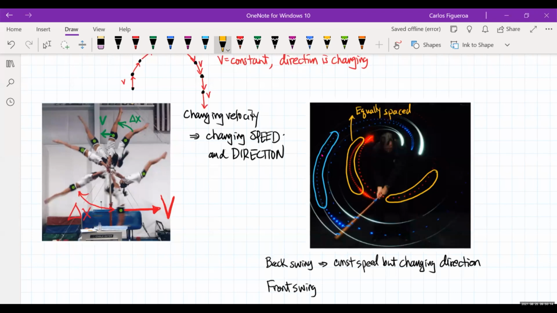Those dots look like they're equally spaced as well. Note that there's a period of time where the dots are really close together and then they're getting farther apart, because you're speeding up there. But if you look at these dots right here, they look like they're equally spaced. Because of that, we can say that it's constant speed, but it's changing directions.